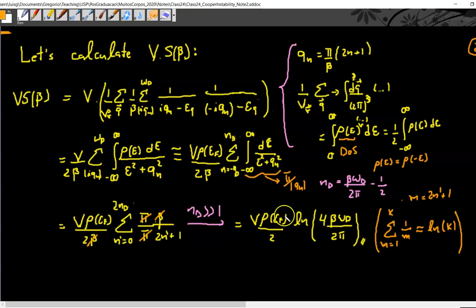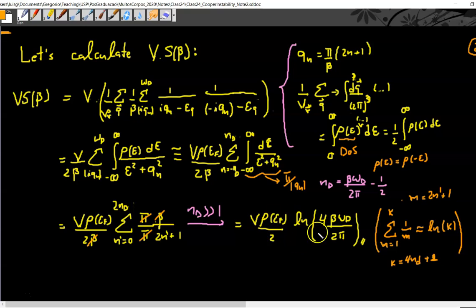This would be 4nd, so 4k equals 4nd plus 1, sorry, when n prime equals 2nd. So then it would be 4 times this, essentially the log. So that's the final result for VSB as beta.